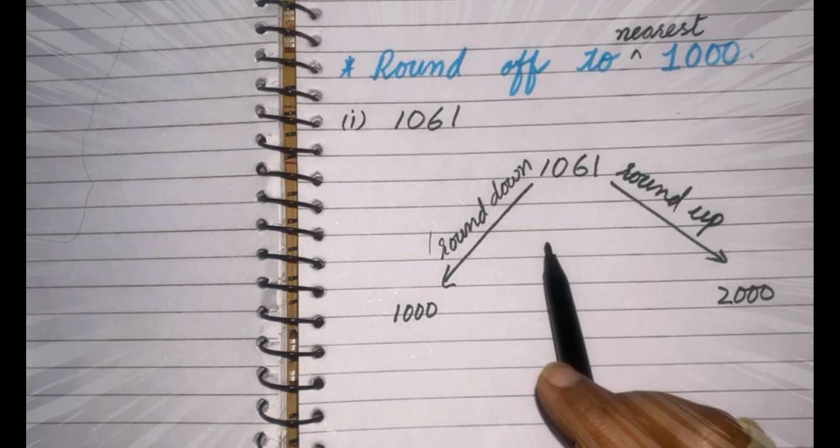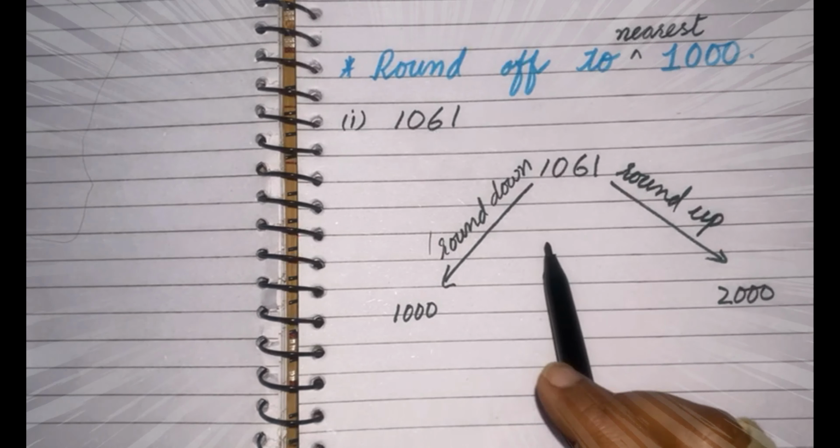Hopefully you have understood this very well. Next we have round off a decimal number to a whole number. Here we are given a decimal number, that is 37.56, and we are asked to round it off to the whole number. The same pattern we will go through.